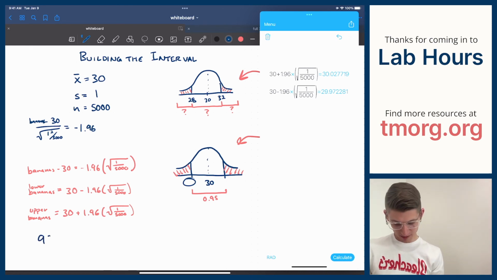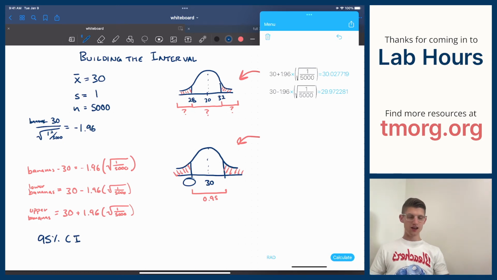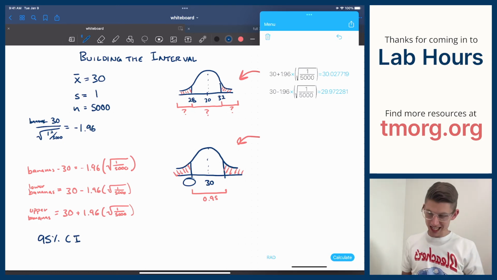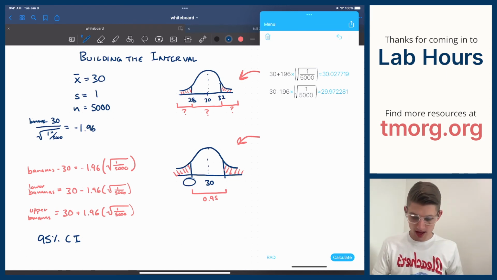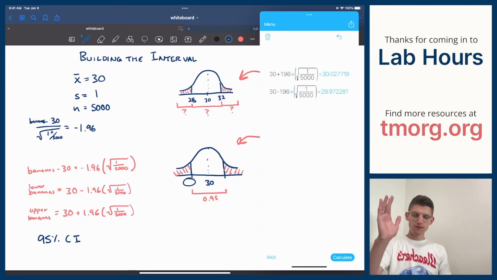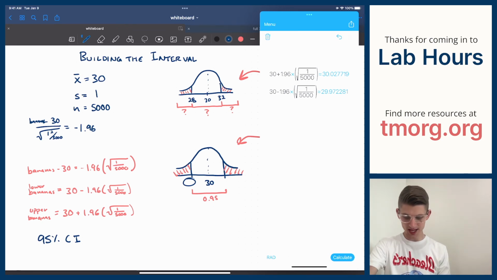The 95% confidence interval for the true average number of bananas eaten by an American citizen per year, the interval of numbers that has a 95% chance of containing that true parameter mean, looks like this.